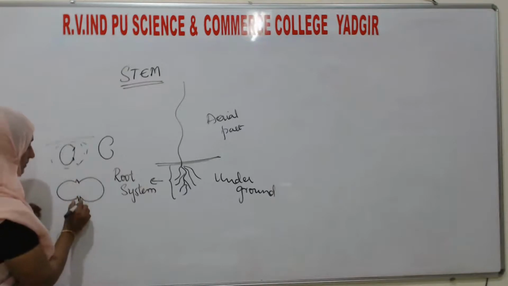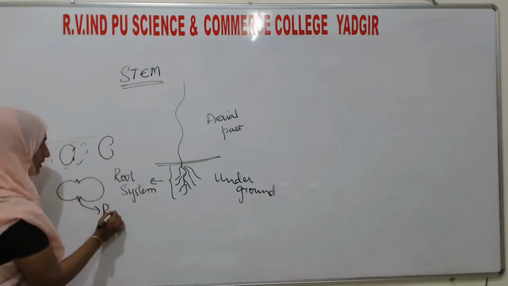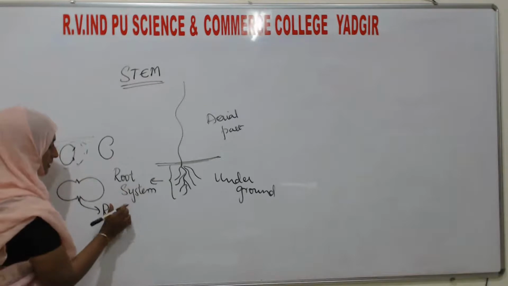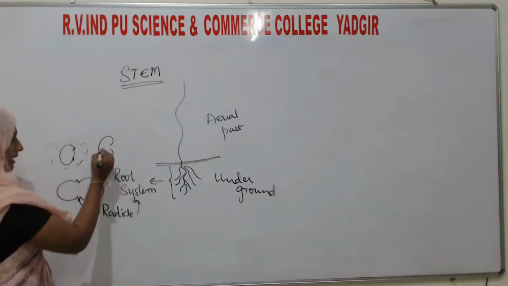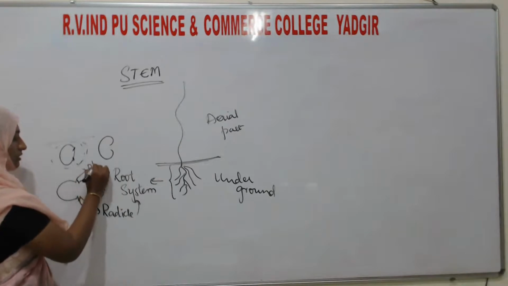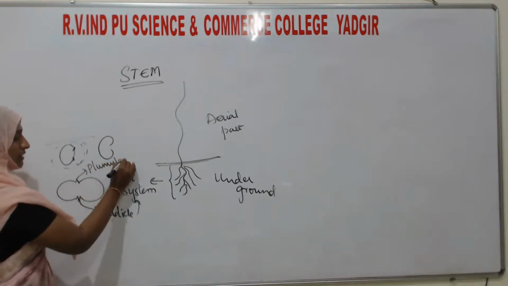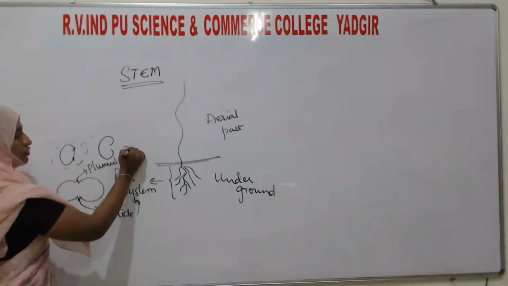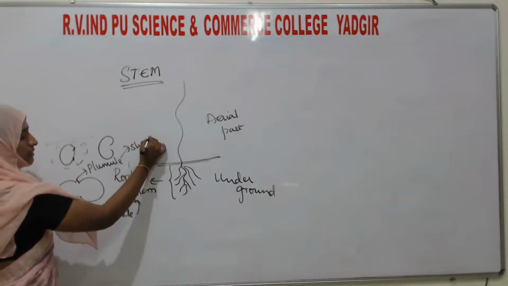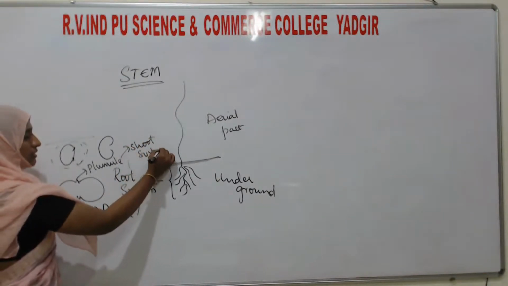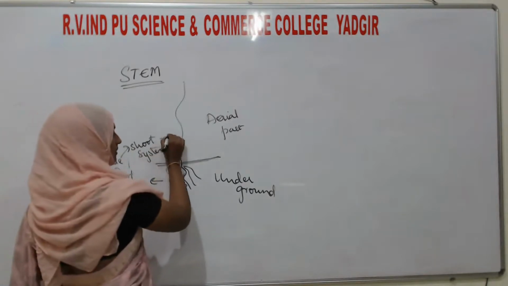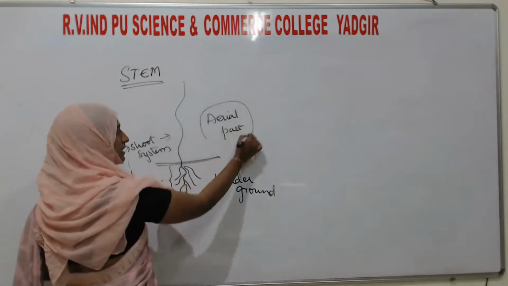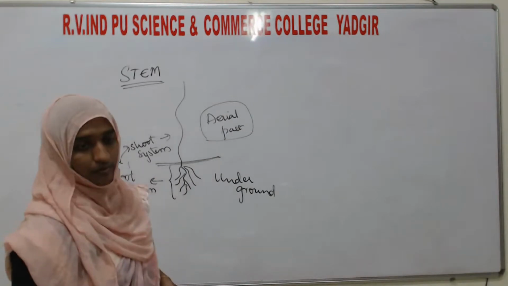This radicle will give rise to the root system, and the plumule will give rise to the shoot system. Okay, and this shoot system is present in the aerial part of the ground.